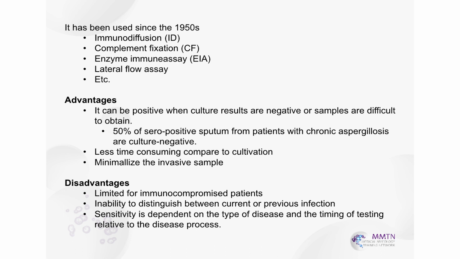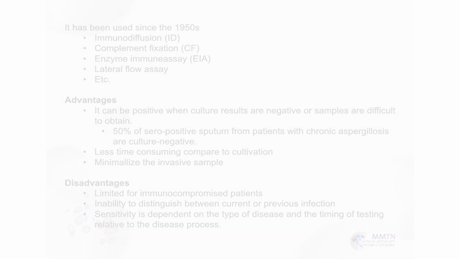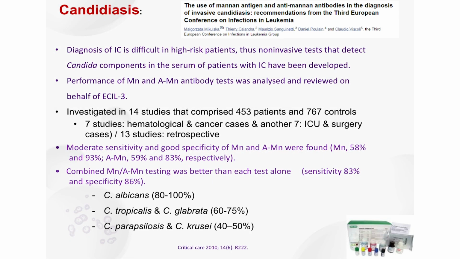Sensitivity depends on the type of disease and the timing of testing relative to the disease process. So yeast and mold still have so many things to ask, observe, and monitor. So what we are going to talk about today, so many questions here.